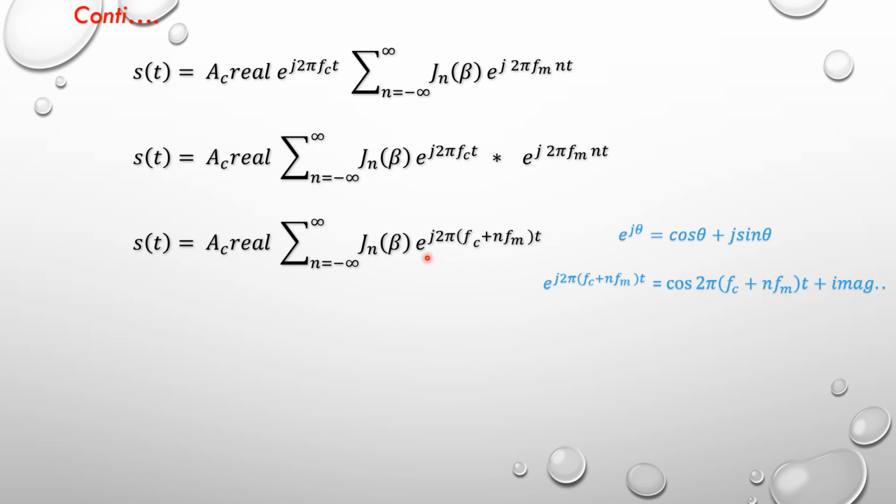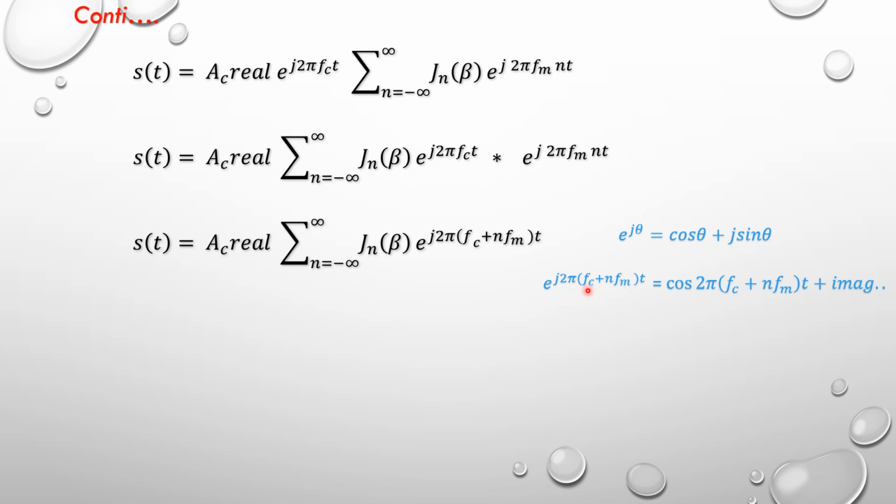Just convert the exponential terms into polar values. e to the power j theta is equal to cos theta plus j sin theta, and this is the polar format. We have to convert the polar format in terms of trigonometric functions.